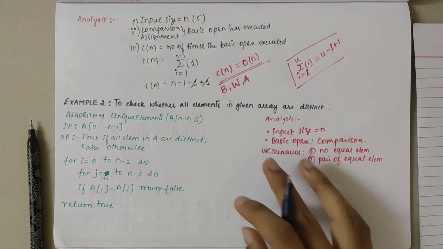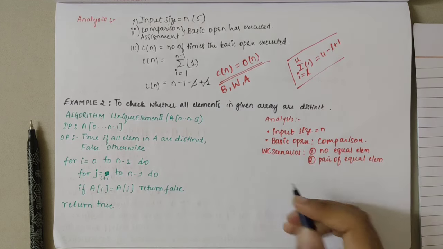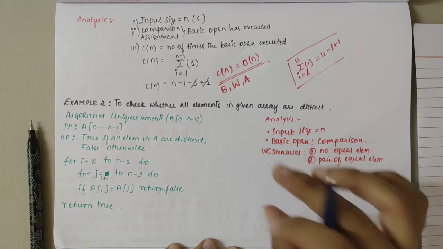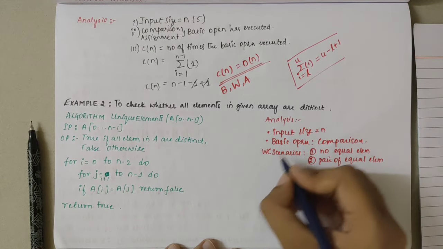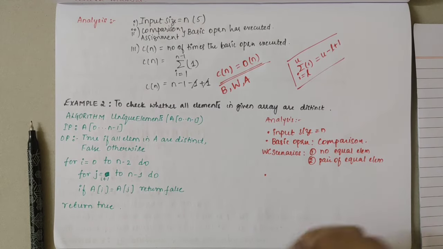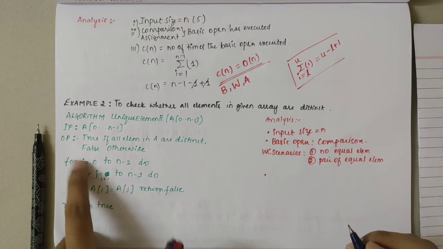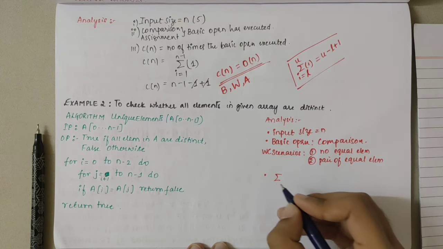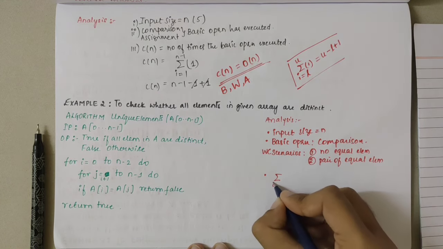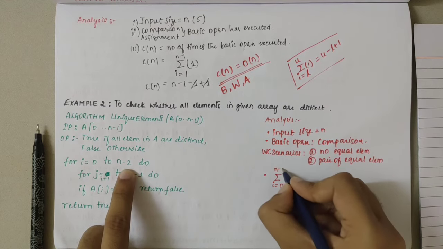So this is about the worst case scenario. We'll be considering the worst case scenario only here. Let me write the third step, to check the number of times. Fourth step, to set up a sum expressing the number of times. In order to set up the sum, the for loops should be considered. So I have two for loops here. I can write the summation of i equal to 0 to n minus 2 here.